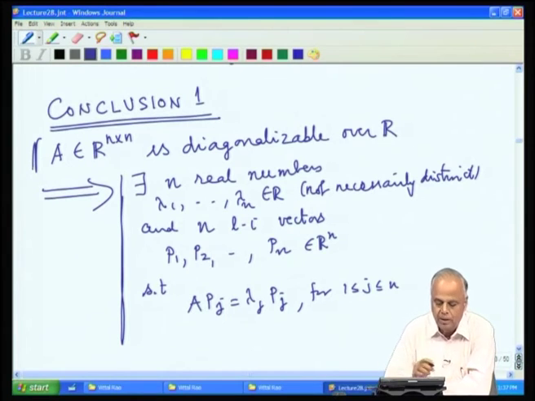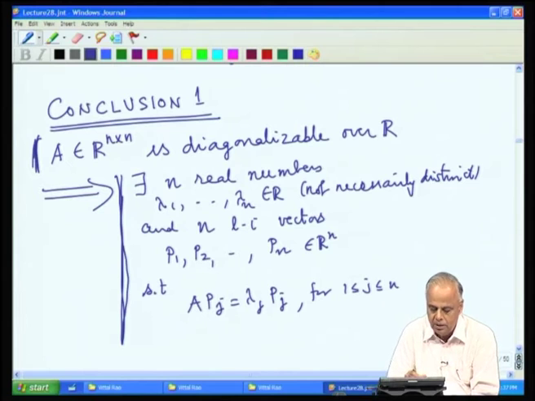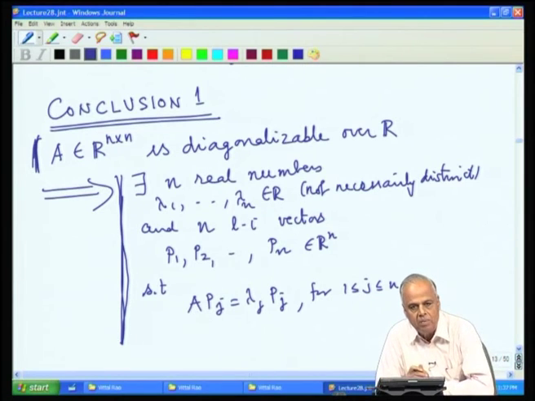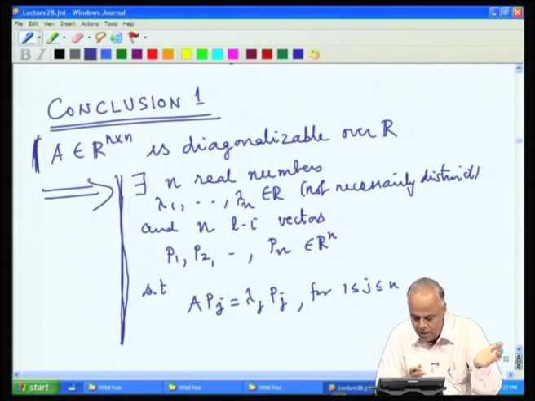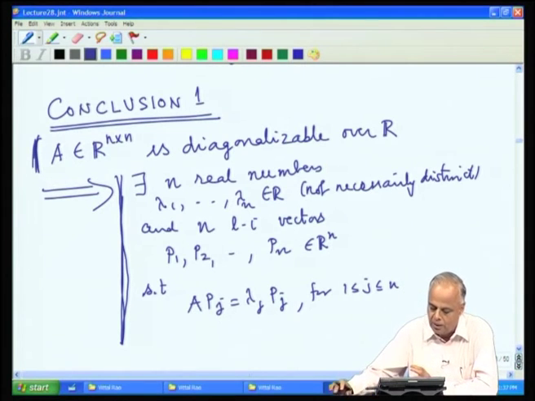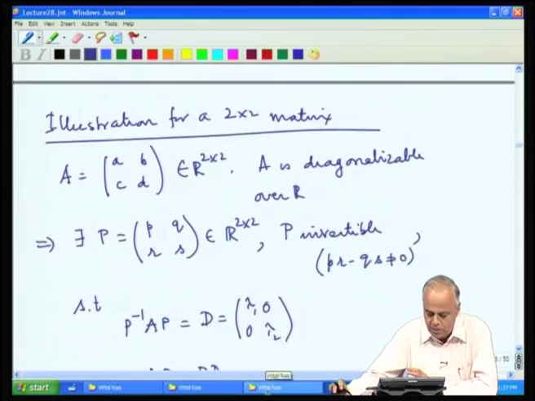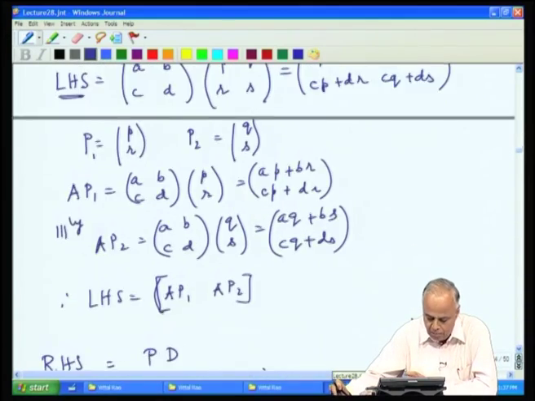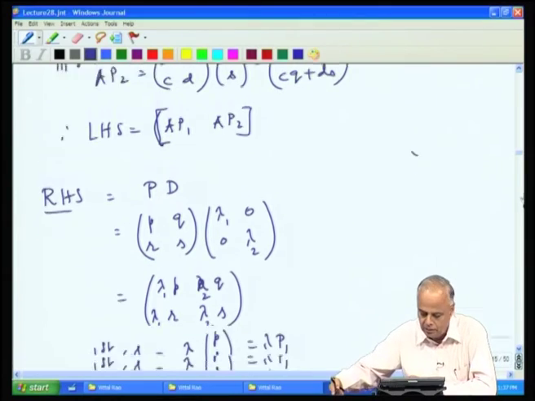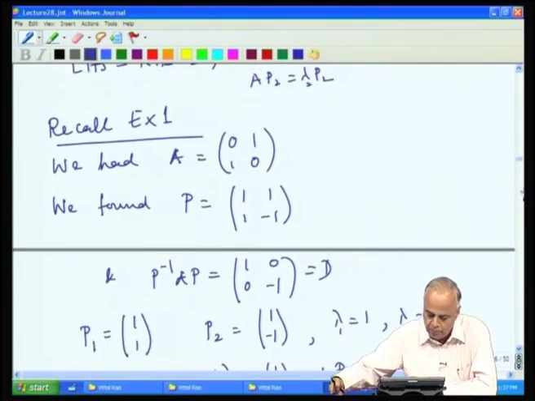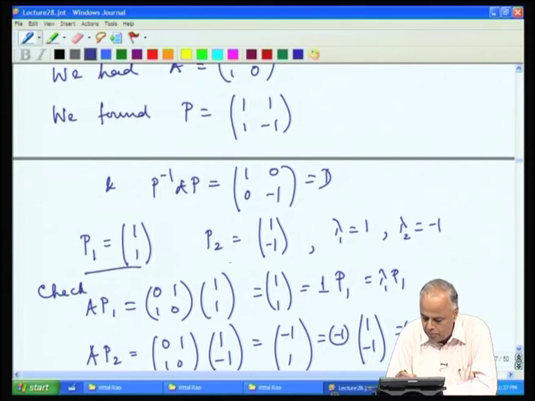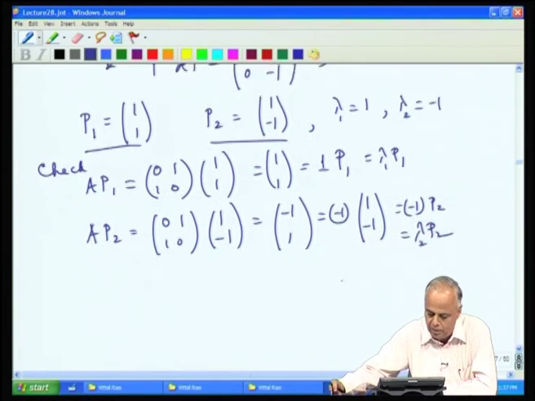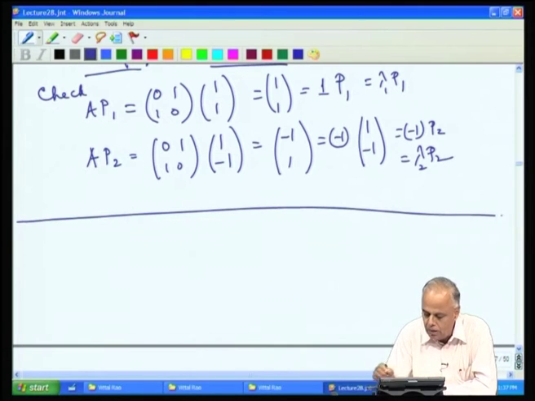If A is diagonalizable over R, then there exist n scalars, real numbers lambda 1, lambda 2, lambda 3, lambda n, and n linearly independent eigenvectors p1, p2, pn such that APJ is equal to lambda j pj. Conversely, now look at this example that we considered. Here you see that this p1 and p2 we got are linearly independent also. Okay. So, now let us look at the converse.